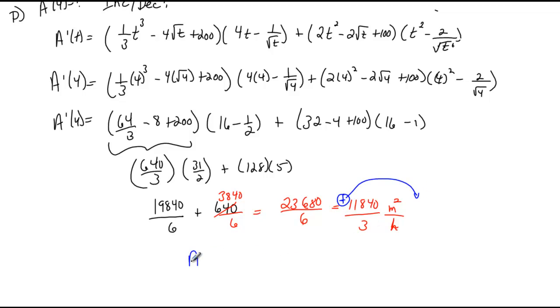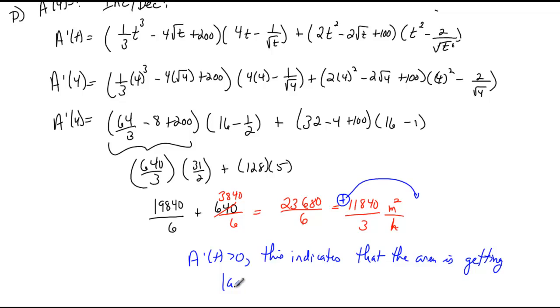Since A prime of t is greater than 0, this indicates that the area is getting larger. Since your derivative is positive, this indicates that the area is getting larger.